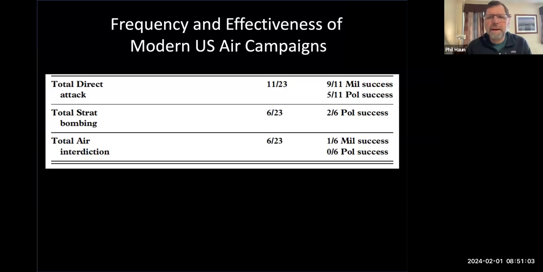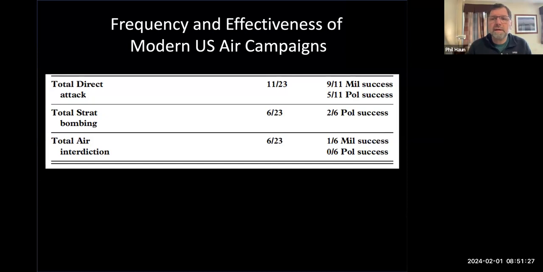What I want to talk about, if we just do a summary of these cases, we'll find out that of the 23 cases, 11, almost half, are direct attack campaigns where U.S. air power is being directed against an enemy army. Of those, most of them are militarily successful, achieving the military outcomes.